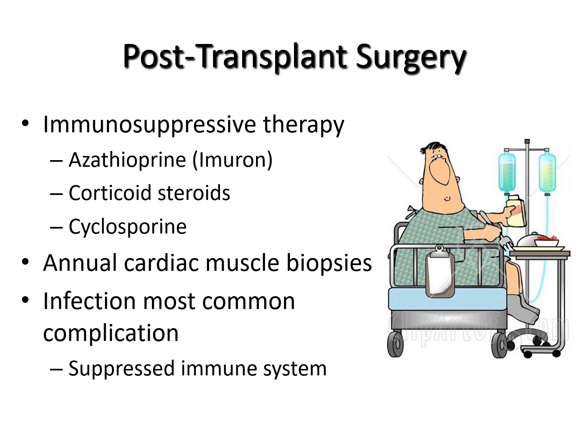As far as the most common complication, it is infection, and that's a result of taking all of these immunosuppressant medications. When you suppress the immune system, the patient cannot fight infections well.